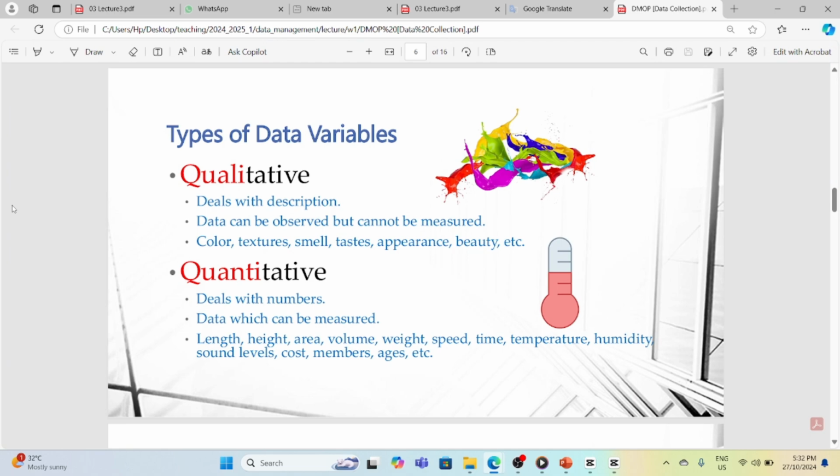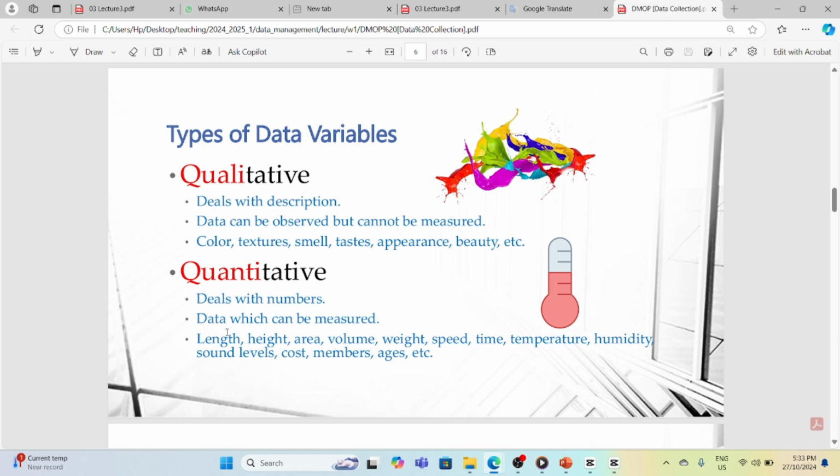We discussed the types of data. We have two types of data variables: qualitative, or categorical, and quantitative, or numerical. Qualitative deals with description, and quantitative deals with numbers.